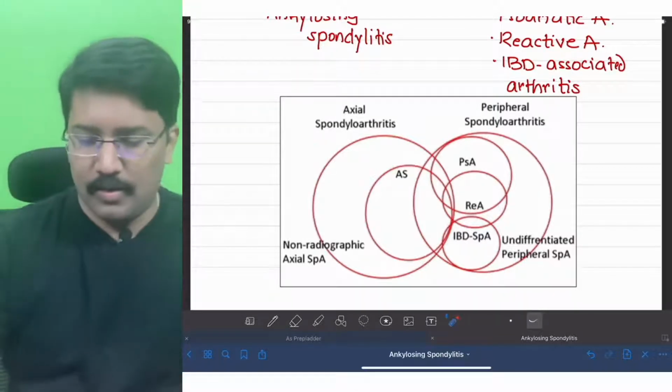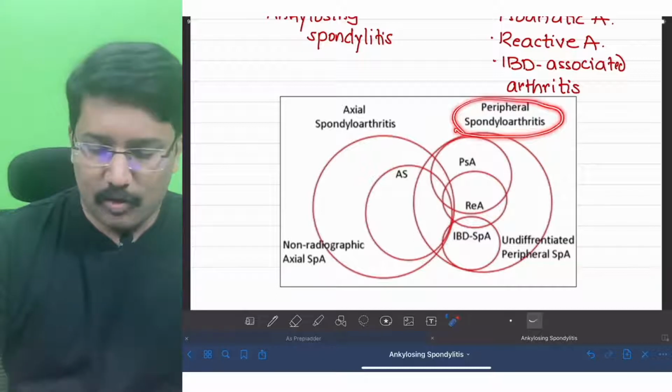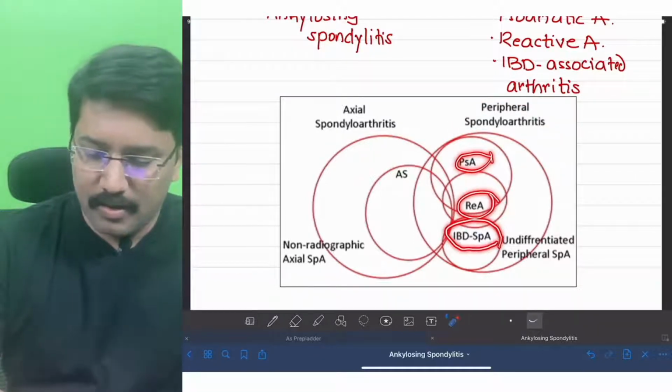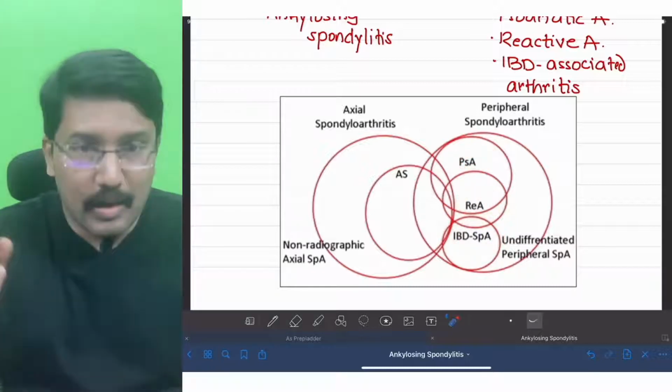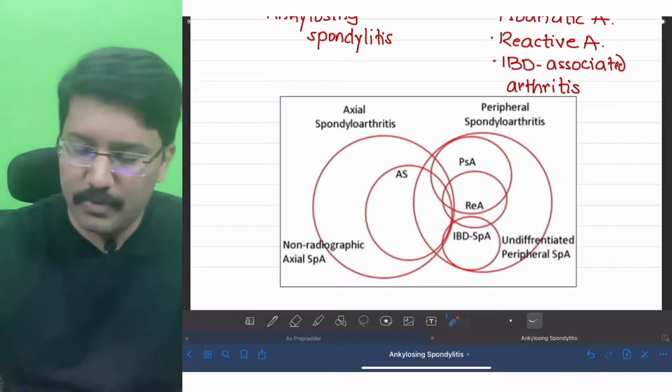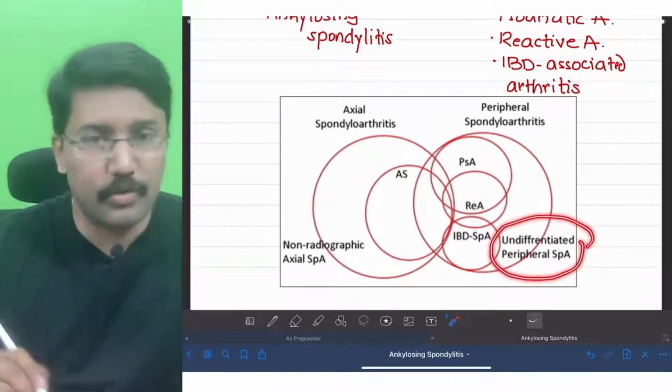Now, peripheral spondyloarthritis examples include psoriatic arthritis, reactive arthritis, and IBD associated spondyloarthritis. Apart from that, there may be cases which do not typically fit into this, and we call them undifferentiated peripheral spondyloarthritis.